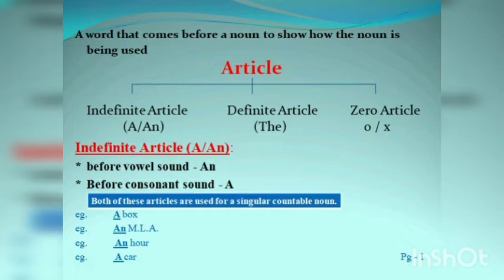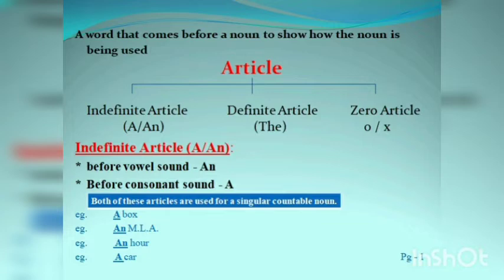So initially we will commence with the uses of indefinite article, means a or an. The first rule is, before vowel sound we use an, and before consonant sound we use a. The thing which matters is the sound, not the letter.